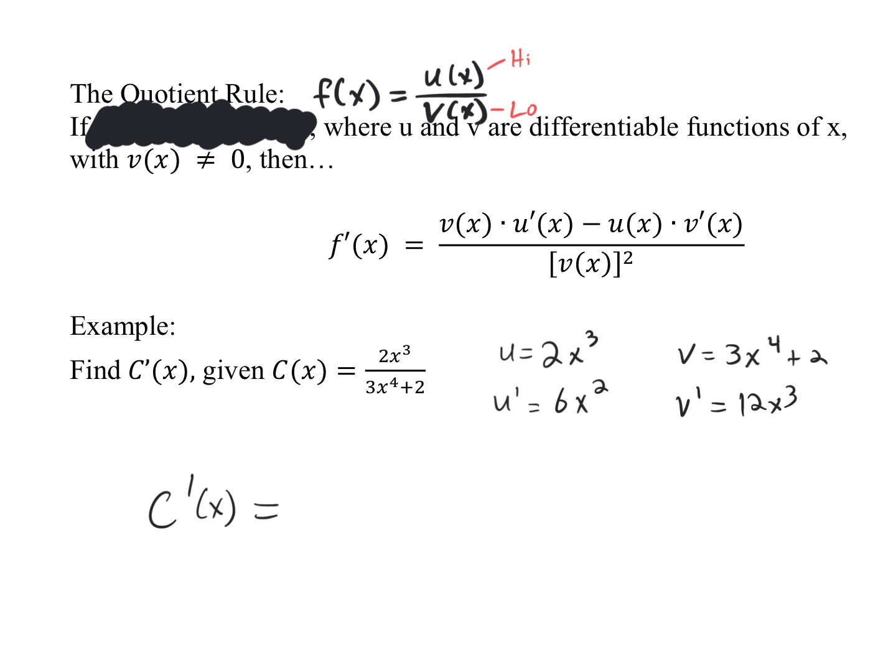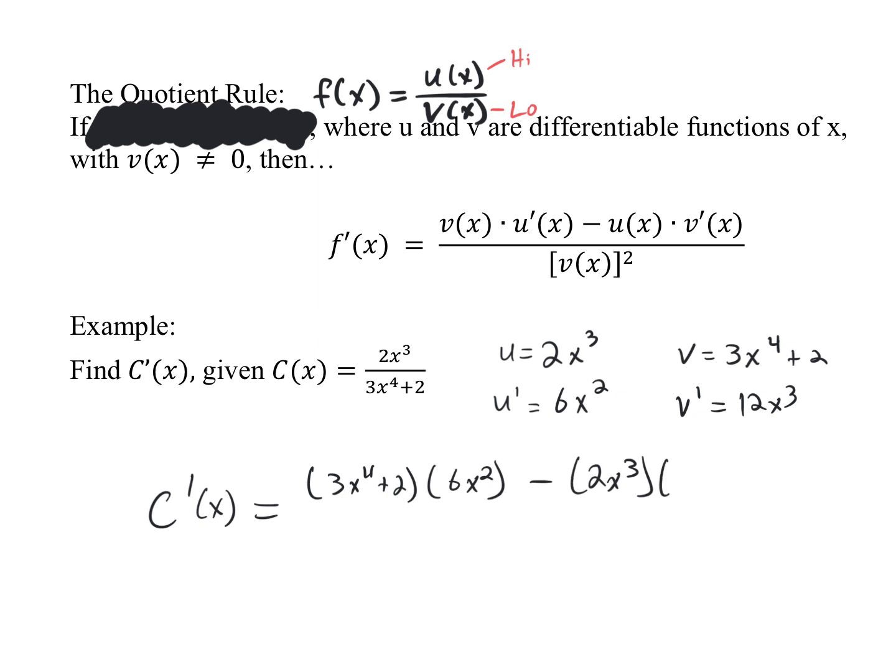And then that means that the derivative is going to be equal to, okay, so if you are thinking about the stupid song, it's low d high minus high d low. So we start with the low function, then d high. Now we've written that over here, so the derivative of the high function is right here, 6x squared, minus high d low.